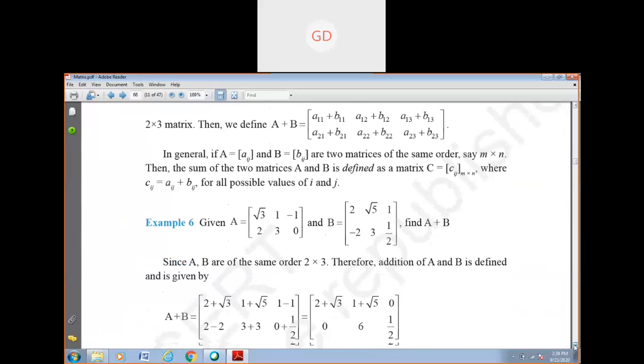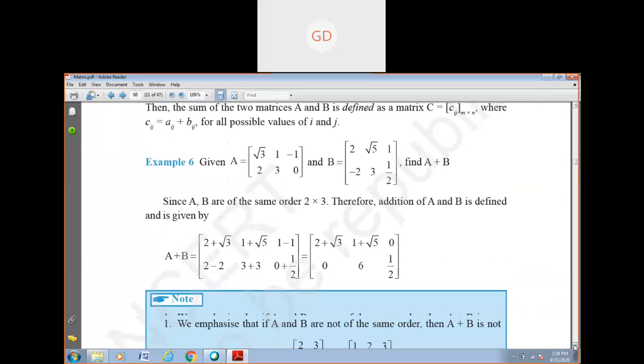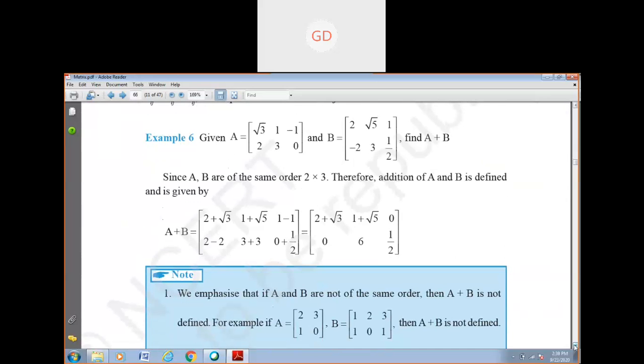Through an example, it would be clear very nicely, because it is a very simple phenomenon. A matrix is considered here, say A. First row, second row, two rows are here. First column, second column, third column, three columns are here. So its order is 2 by 3.